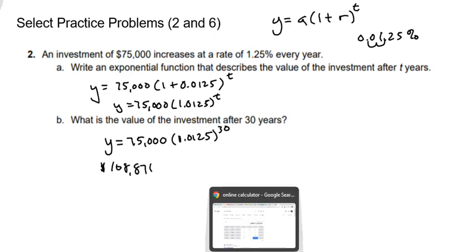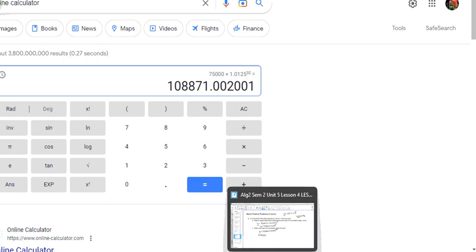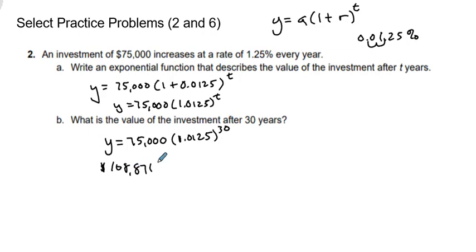All right, so that is number one. That's what that looks like. I'm just checking, making sure I wrote it down right. Looks like I did. Okay, so $108,871. And that's typical, right? And if you think about it, that's not a great percent raise, but because it's such a large amount, it makes a big difference, right?